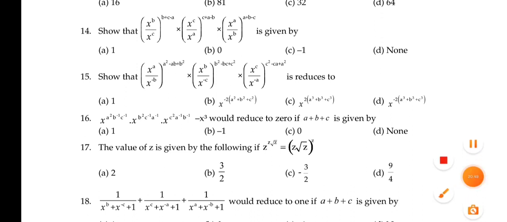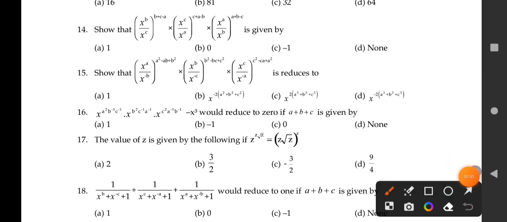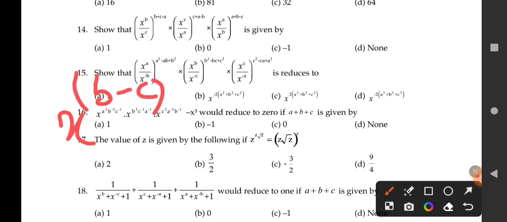Question number 14. Again, it is a simple question. This is the formula. First term I'm going to solve: x power b minus c whole into b plus c minus a. We are going to expand this. Obviously you will get 0 in the power and you are going to get the answer as a.